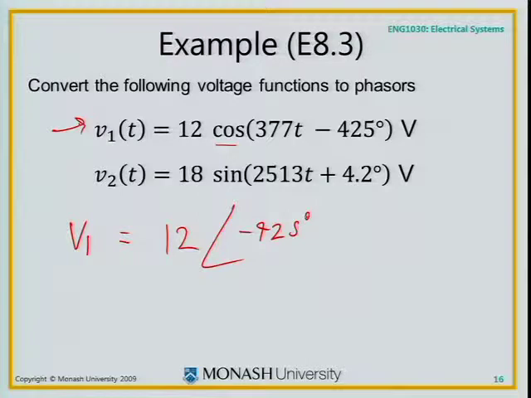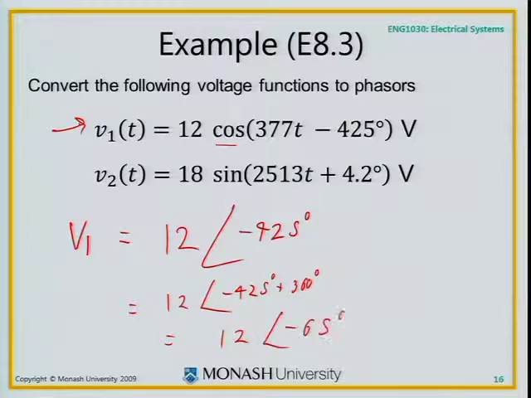Go around the circle and just come back to the same spot. So that's the same as 12 at angle minus 425 degrees plus 360 degrees, which then equals 12 at angle minus 65 degrees. So that's the phasor corresponding to V1(t), the time domain waveform.